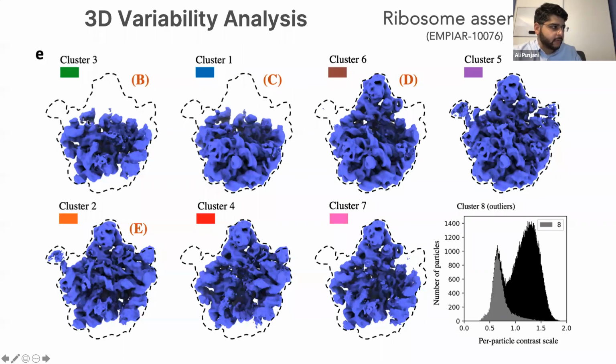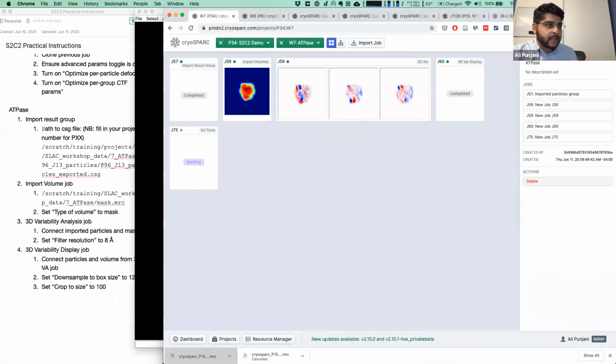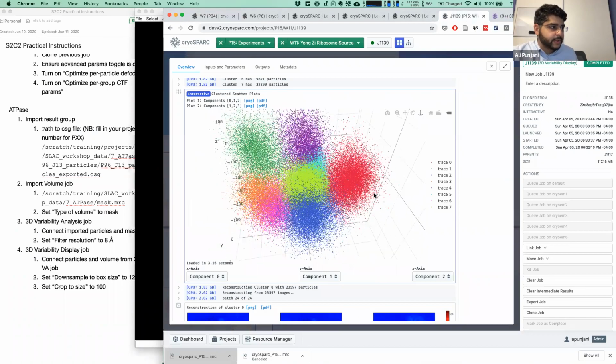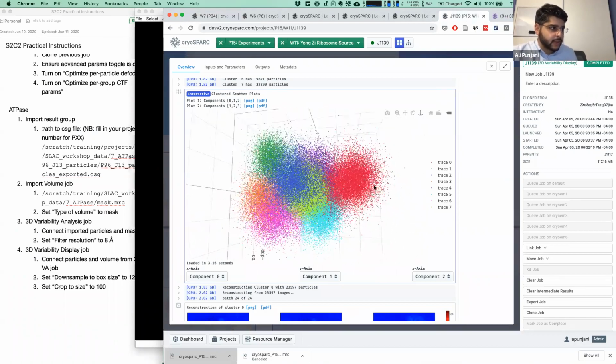There are states that have only, I don't know what the different names of the subunits are, but each different subunit, whether it's the sort of head or foot region that disappears or the 2 arms on either side, they come and go in different configurations of the molecule, which we can clearly separate as different clusters in our variability space. Just making that more concrete in practice, we can also actually inspect that distribution, and we'll show how to do this in the practical as we go.